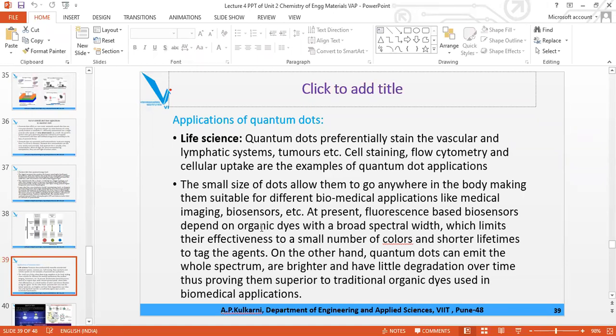So in life science, when UV light interacts with the quantum dot, they give different colors depending on the wavelength absorbed, and therefore a certain part of the body can be colored. You can stain the cell and diagnose it, and that is possible in case of tumors; especially in case of tumors it is useful.